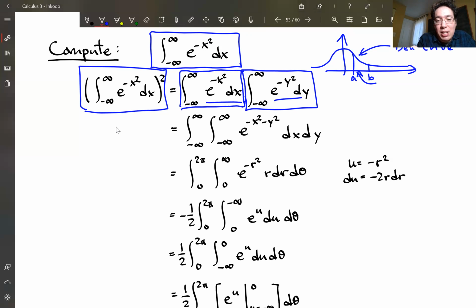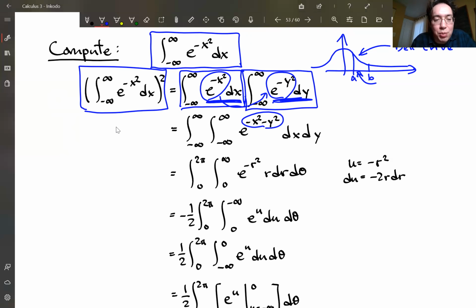Since x is constant with respect to y, I'm going to put this inside of this integral. So I have e to the negative x squared times e to the negative y squared. And if I'm multiplying two exponential functions with the same base e, that's the same thing as adding the exponents together.